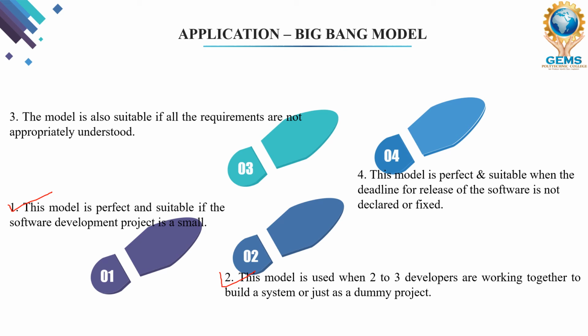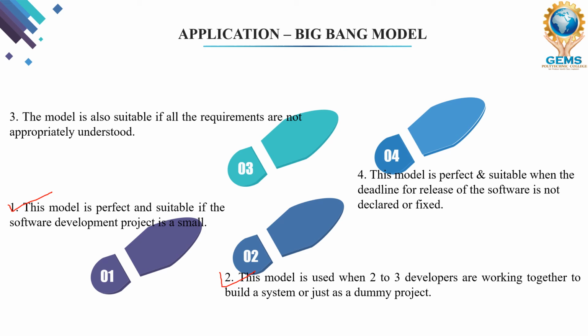So in the Big Bang model, there is no deadline or fixed time to deliver the project. That means it's good for newcomers, as I told, where they can learn and they have no pressure to deliver their project on time or within any deadline.